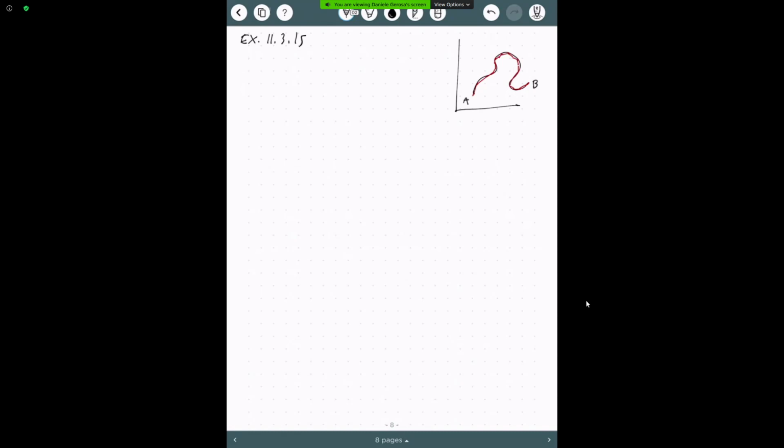Okay, so we want to express the length of the curve r(t) = at² + bt + c log t, for t that belongs to [1, T], as a definite integral.